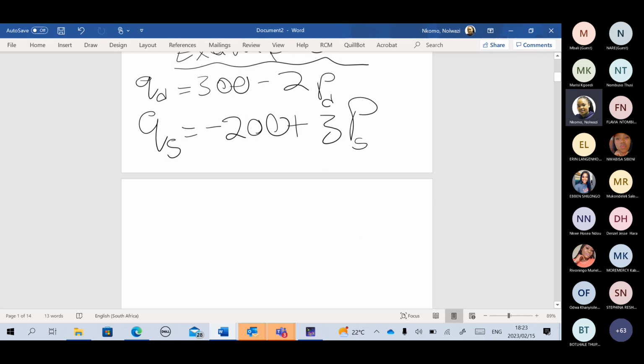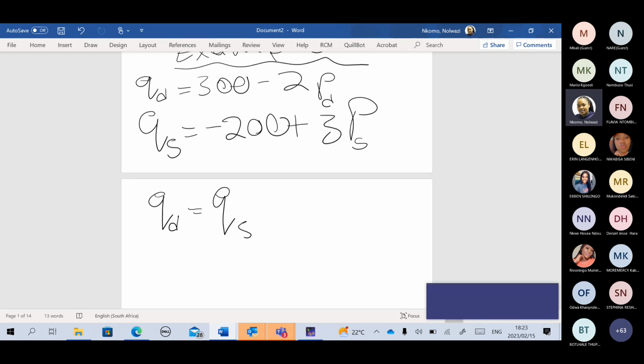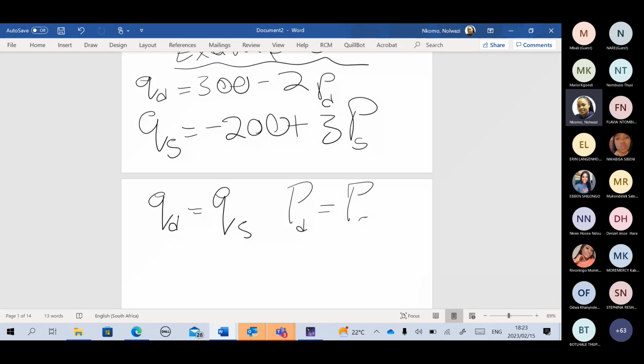Remember, we said at equilibrium, QD is equal to QS, as in the quantity demanded is equal to the quantity supplied, and also the price demanded is equal to the price supplied.